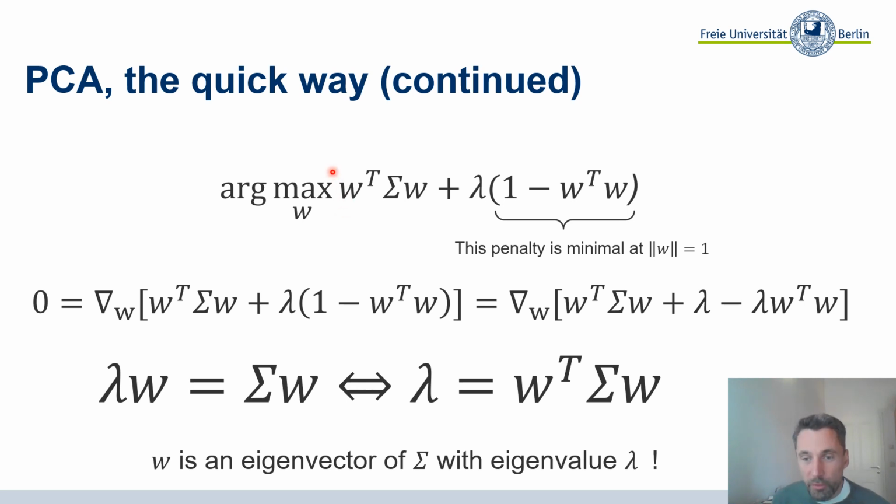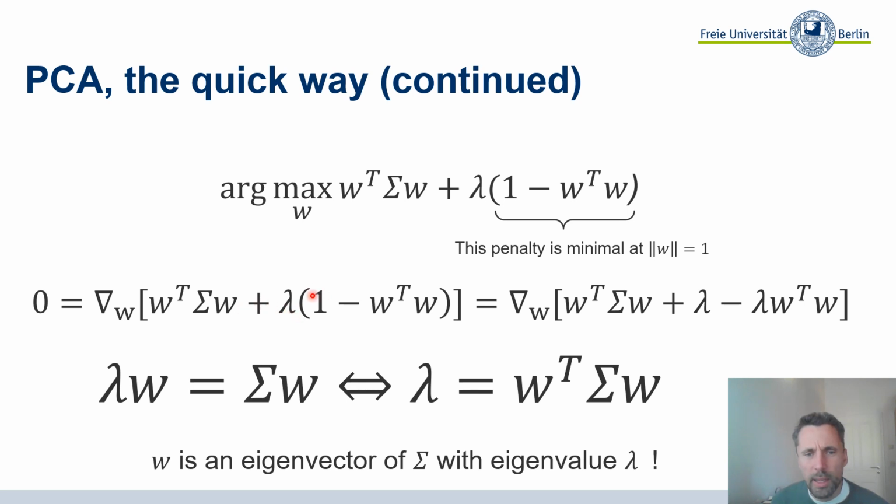And how to find the solution? Well, we take this criterion and set the derivative of it with respect to W to 0. And so let's have a look. Maybe we can simplify things. So first we have W transpose sigma W plus lambda times this. So let's pull lambda in here.